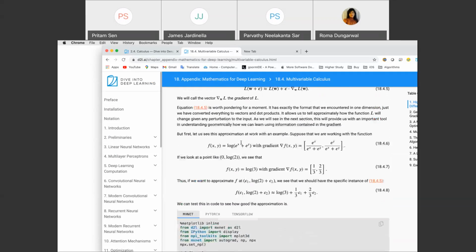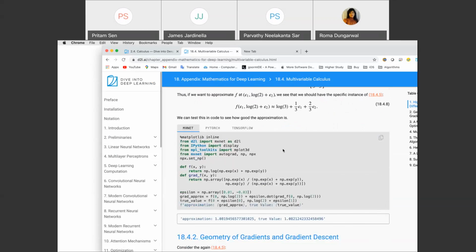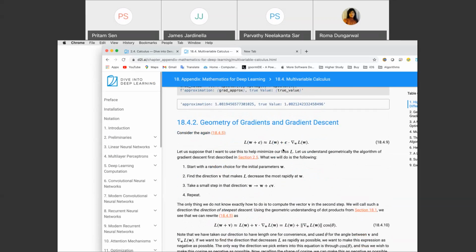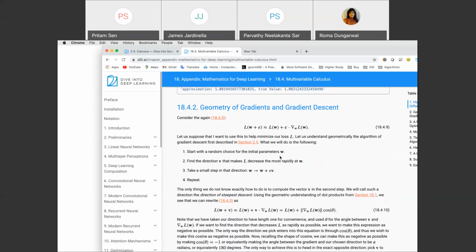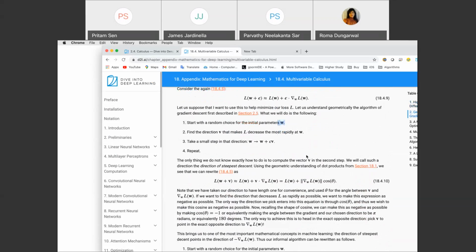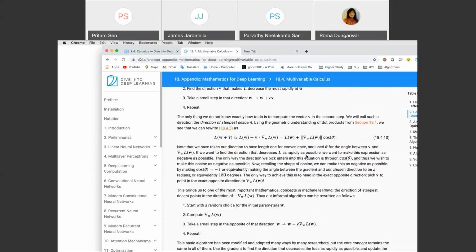That means we can use this equation to approximate the change. So this is the gradient descent concept. We set an initial change in W and check once again to minimize the loss.